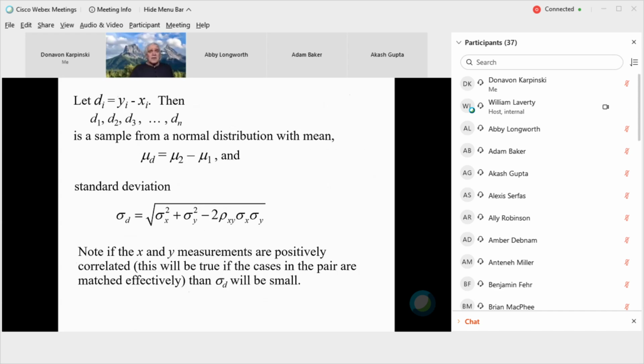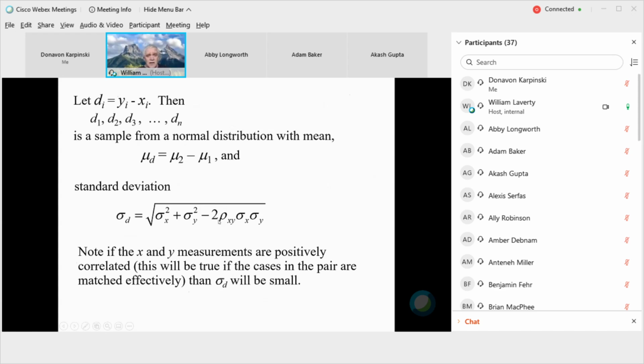Let di be the difference. This will be a sample from a normal distribution. The mean will be equal to mu2 minus mu1, and mathematically you can find that the standard deviation of the differences is the square root of the sum of the two standard deviations squared minus twice the correlation between x and y times the standard deviation of x times the standard deviation of y.